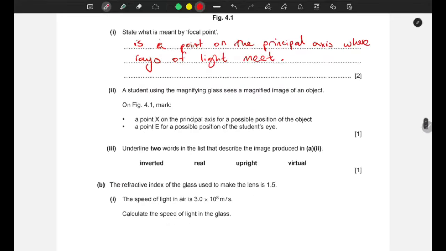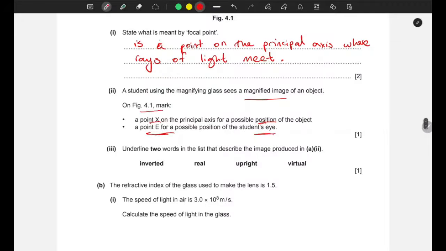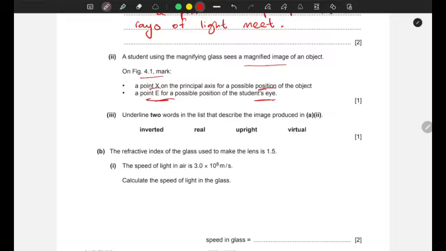Part 2. A student is using the magnifying glass when he sees a magnified image of an object. On Figure 4.1, mark a point X on the principal axis for a possible position of the object, and point E for a possible position of the student's eye. So they've told us that the image has been magnified.